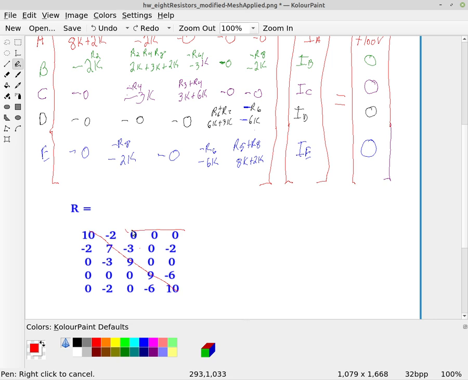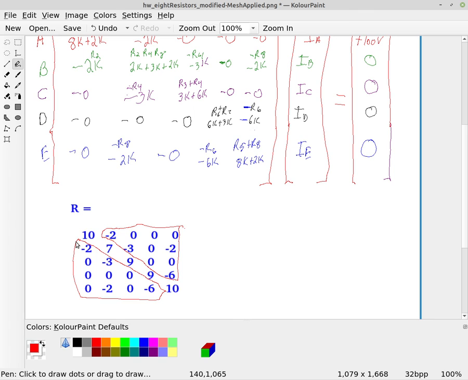So when we look at this triangle here, everything in this triangle should be negative, and that triangle should be a flip of this triangle here. Okay? If they're not, your matrix is not correct. Okay?